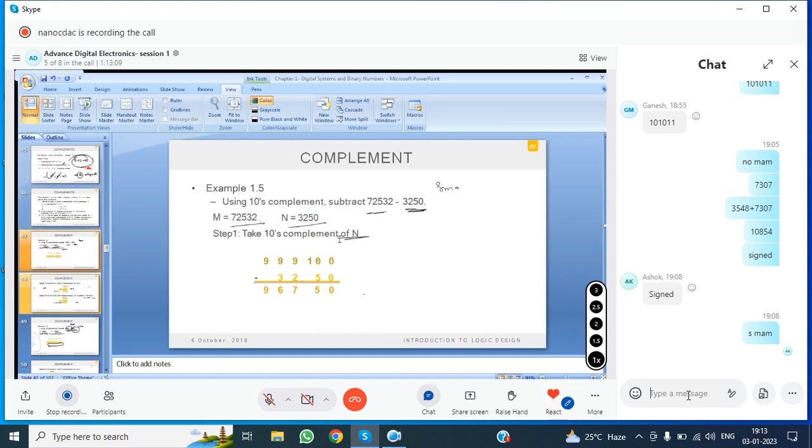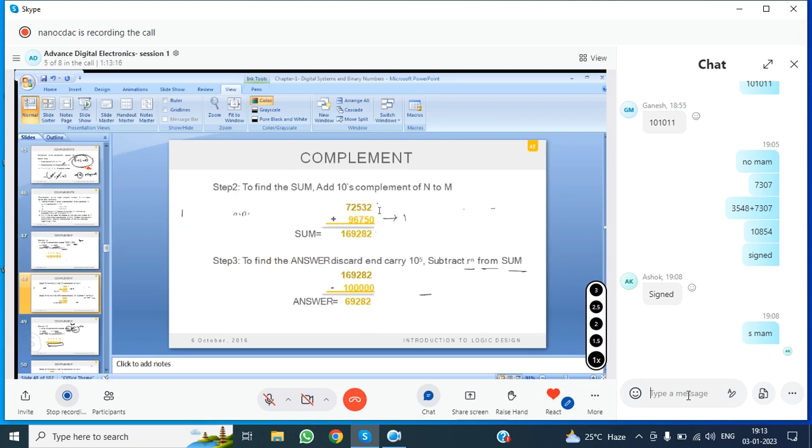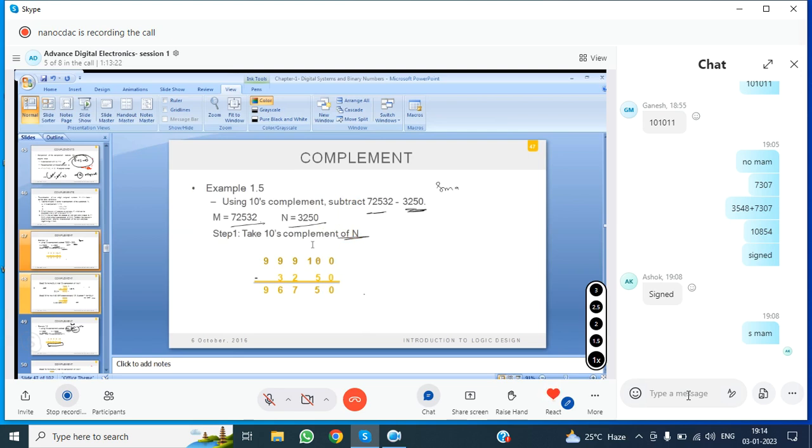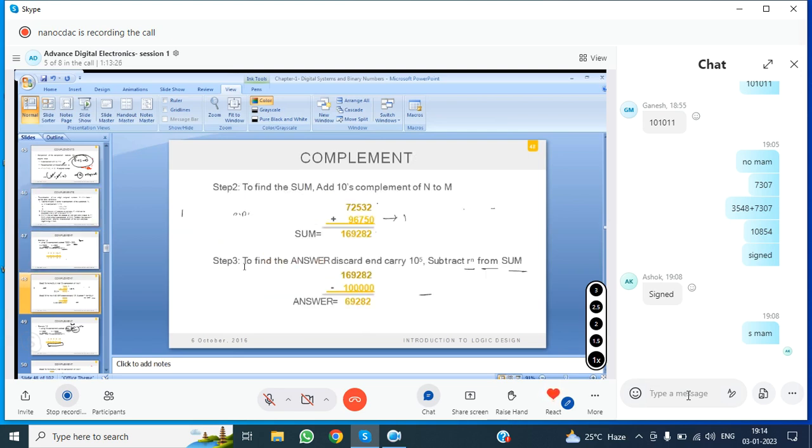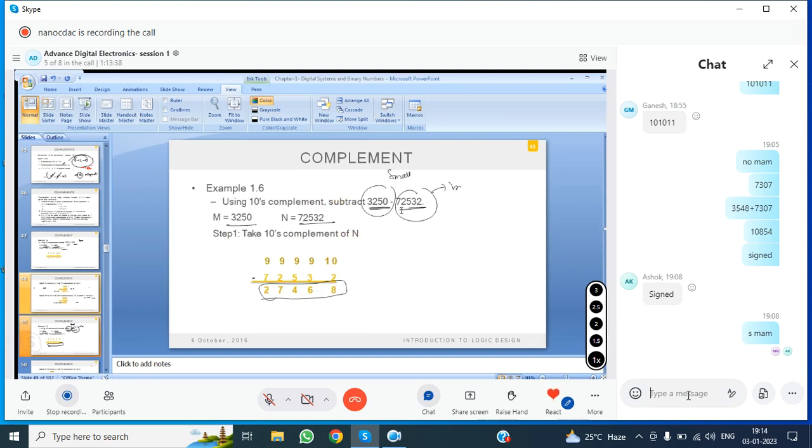As M is greater than N, what you need to do, first step, take the 10's complement of N. Second step is adding the result to M. And as the condition is M greater than N, the result needs simple handling of the carry.